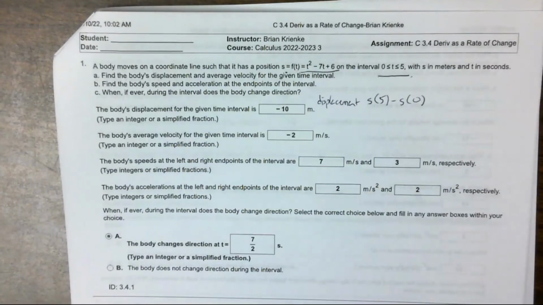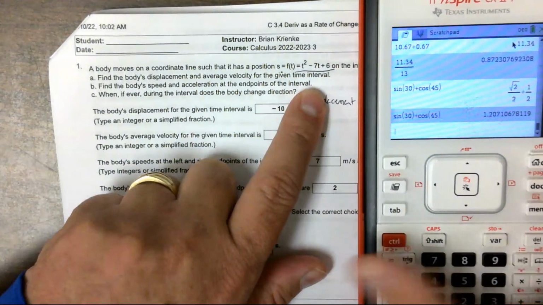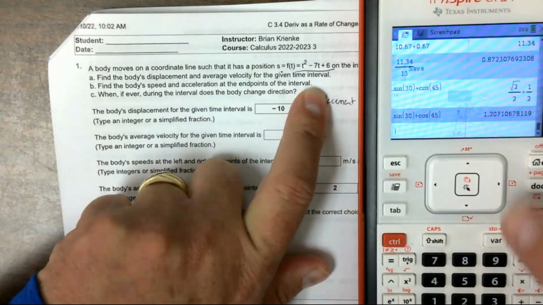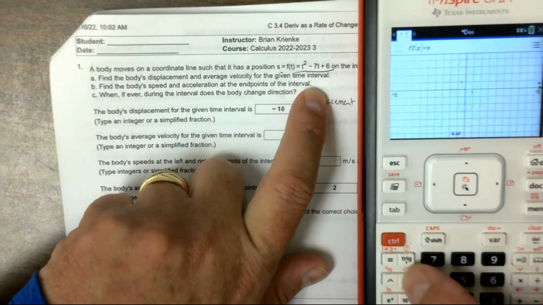Now, one way to do this is just plug your numbers in. Obviously, the other way is to do this on the calculator. That way you can get both at the same time.